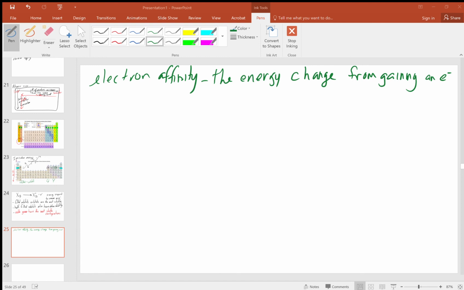So would you expect something opposite of ionization energy? So in other words, an element that wanted to give up electrons is probably an element that doesn't want to gain them. And so let's bring up the actual numbers and see if that's true.